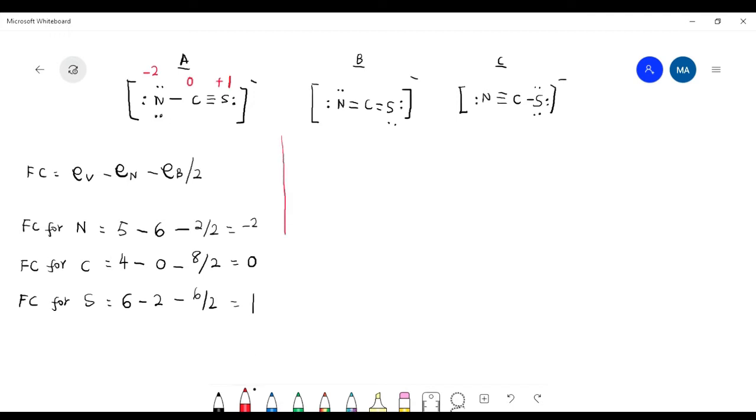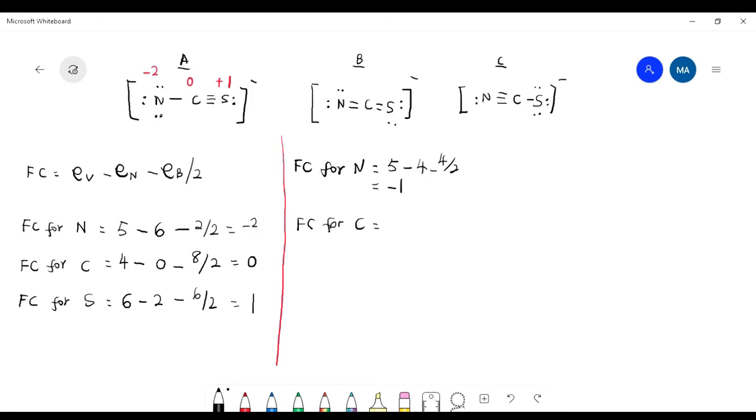Now let's take a look at structure B. For structure B, first we calculate the formal charge for nitrogen, which is the valence electrons 5, minus unshared 4, minus the bonded 4 divided by 2. So 1 minus 2 is minus 1. And now we have FC for carbon.